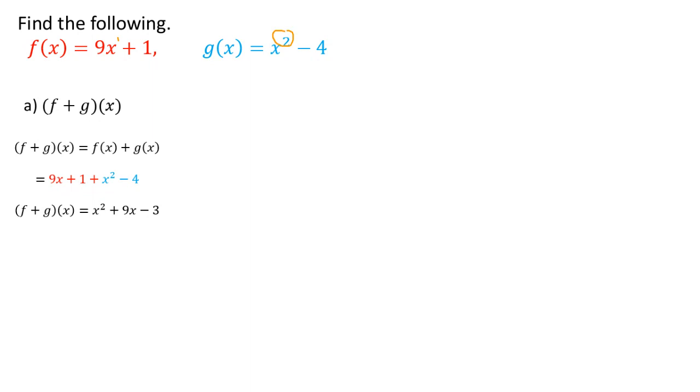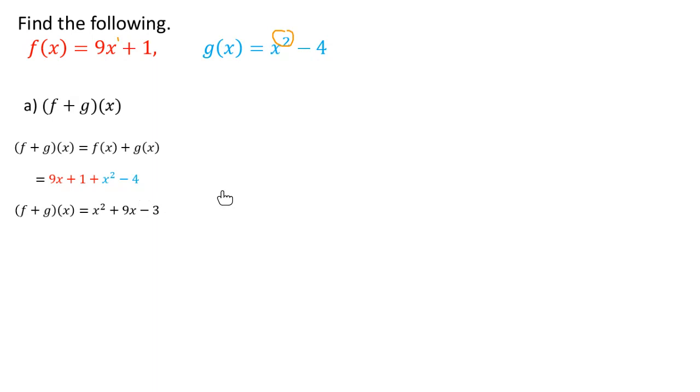So let's go ahead and do this operation. They want us to add function f with function g. The syntax for this addition you can think of as straightforward: function f plus function g. So function f is 9x plus 1, plus function g, which is x squared minus 4.